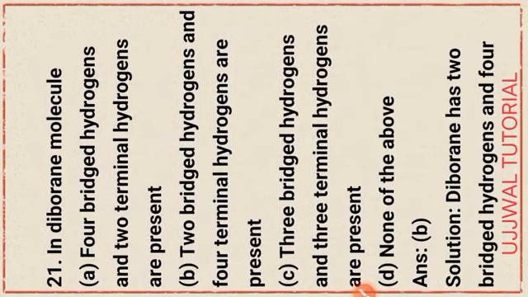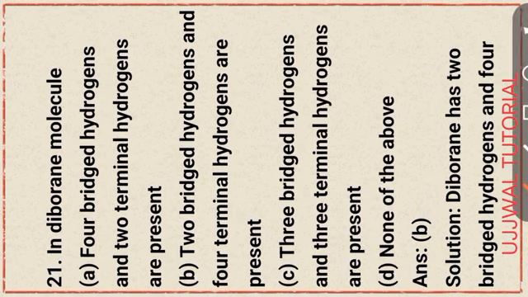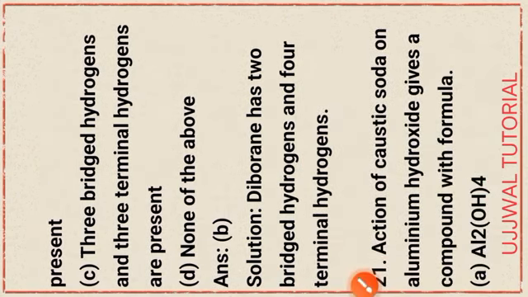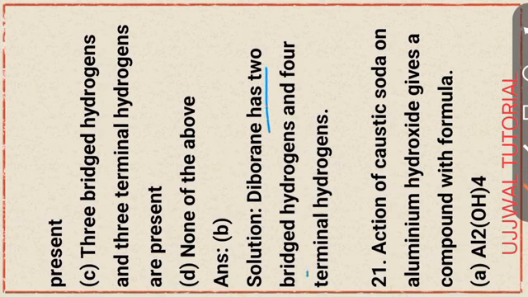In diborane molecule, option B: two bridging hydrogens and four terminal hydrogens are present. For the reason for option B, diborane has two bridging hydrogens and four terminal hydrogens.